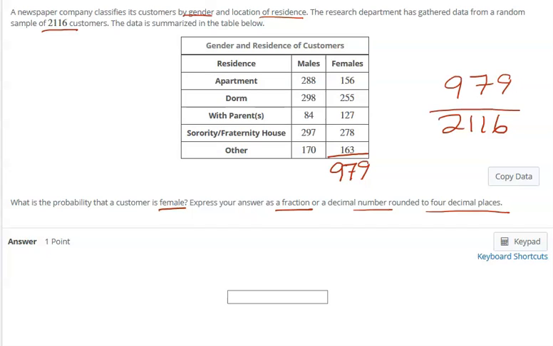Now they're not asking us to simplify, so I'm assuming I can put that in there as a regular fraction, 979, and not have to reduce it. Now, if they counted that incorrect and you had the right proportion, just didn't reduce it, you'd get a lot of partial credit or maybe full credit, unless they ask specifically to simplify. All right, let's go on.